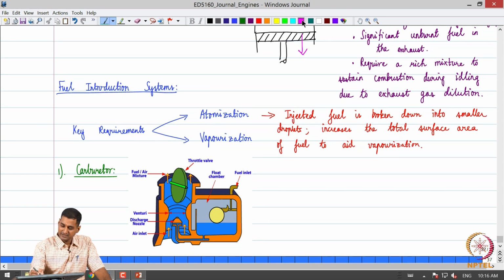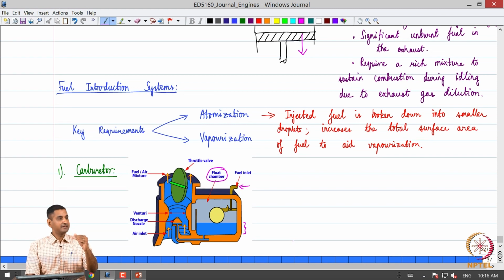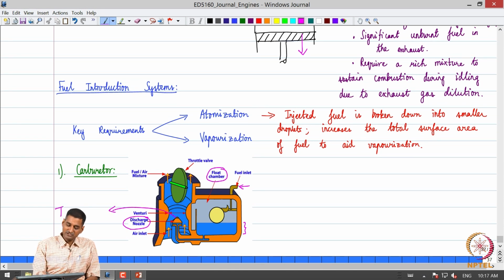You can visualize a float chamber, and we have fuel coming from the fuel tank, and there is a float arrangement to ensure that a sufficient fuel level is always maintained in the float chamber. We will discuss this carburetor in more detail and analyze it. And what happens is that this fuel is taken out and brought to what is called a fuel discharge nozzle, whose tip is in the throat section of a venturi.